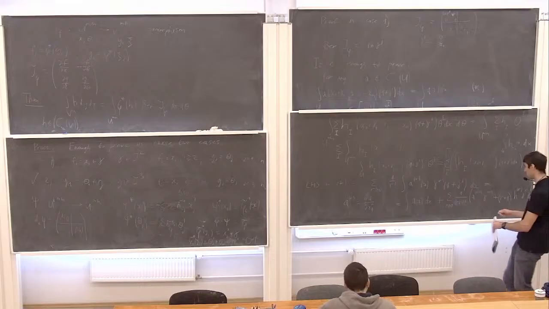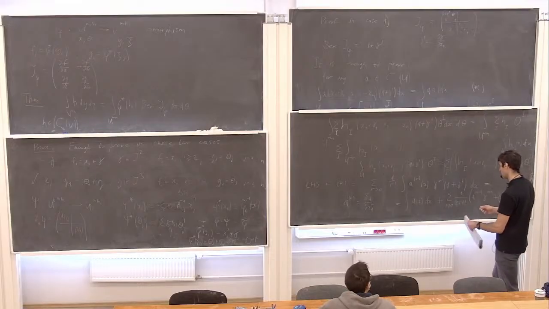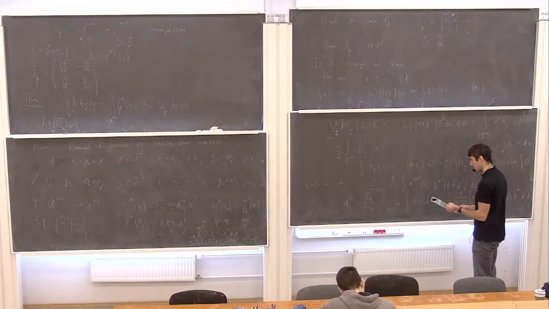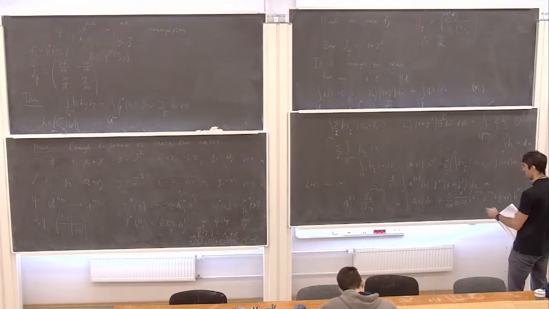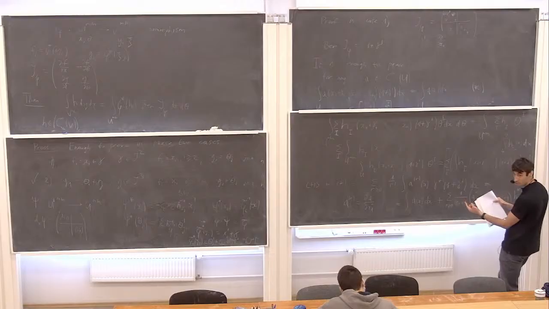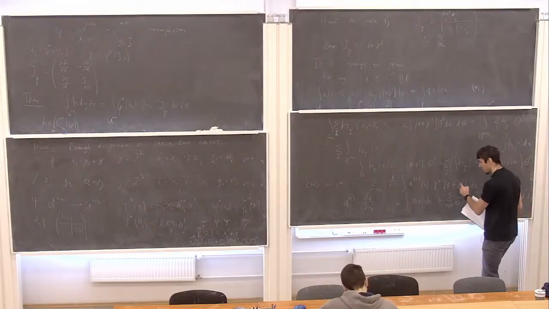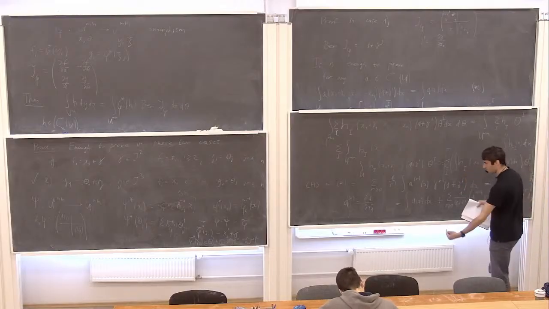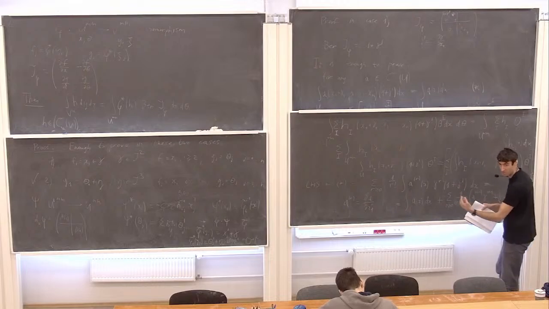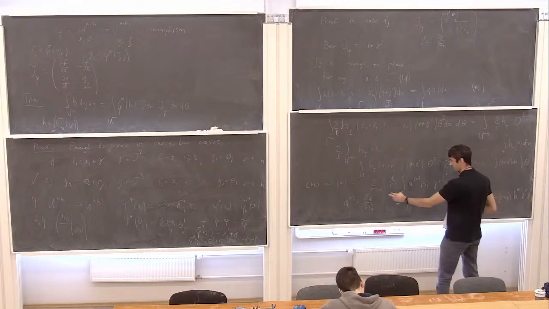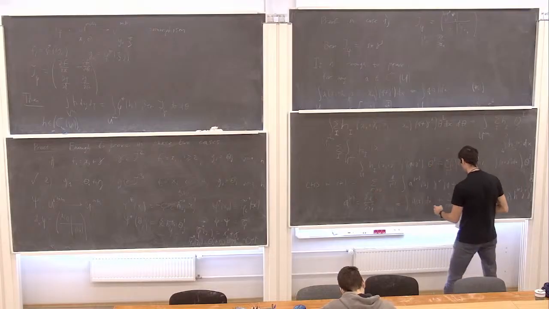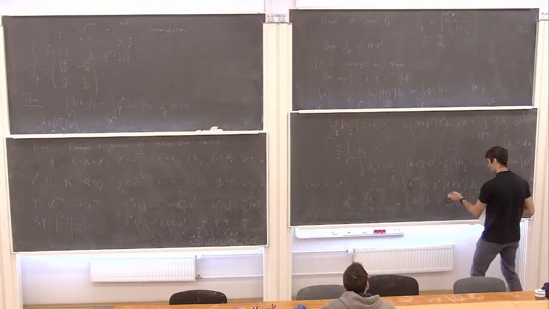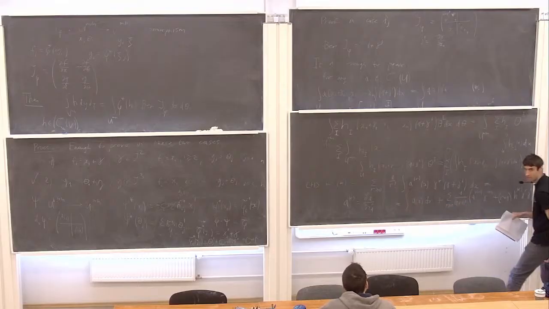So I'm changing the indexation a little bit. This term I'm putting into the previous index, and the term with r equals 0 corresponding to this one without this term, I just separate.